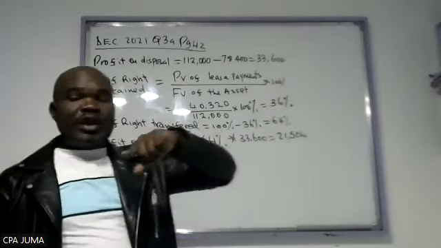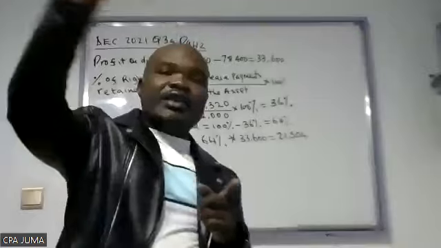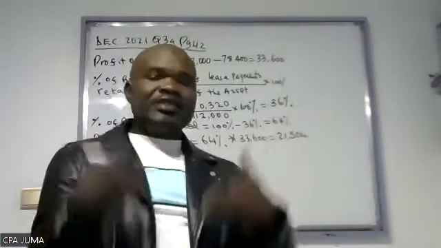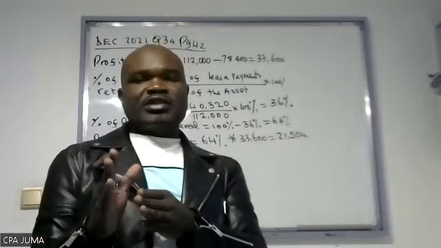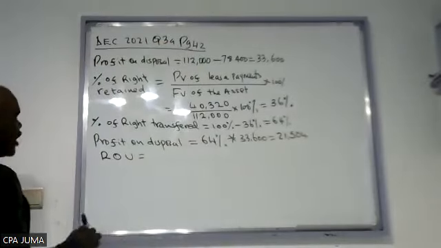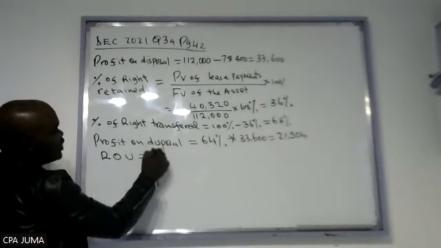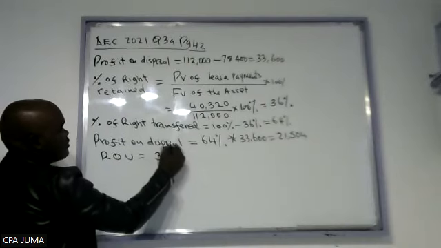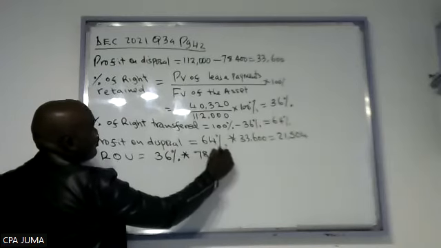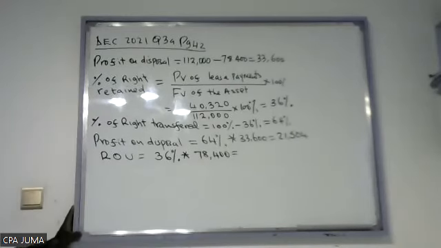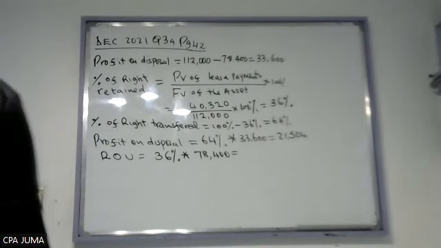So 64 you would use in the books of the lessor. But now it has been leased back. You use the percentage retained. That's why people are saying 36. So right of use will be the right retained 36% times the carrying amount, the initial book value. So times 78,400. How much do you get?